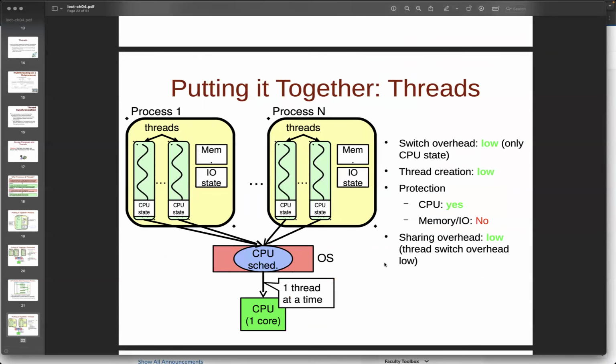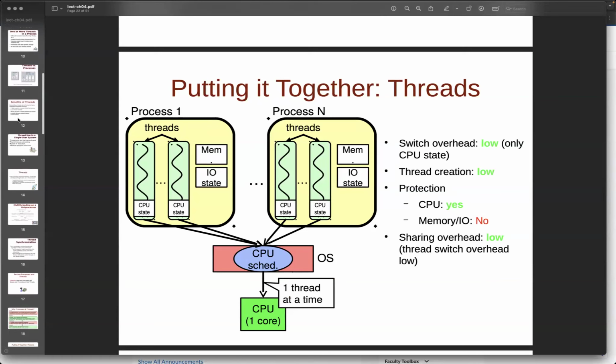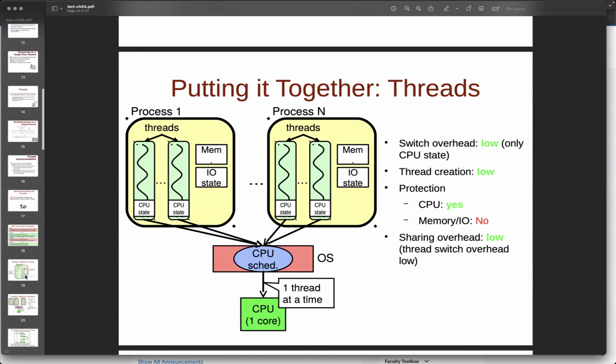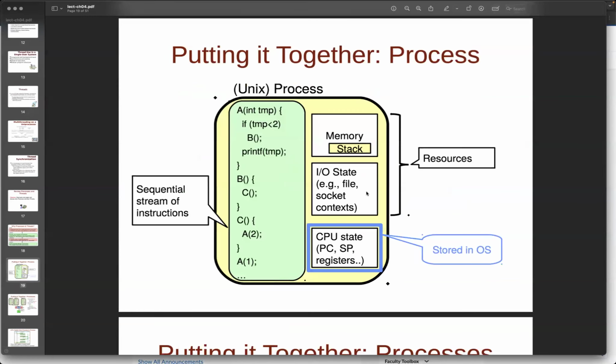Then we talked about just the process, and you will also remember the threads, right? Inside a thread, we have different pieces here, and we also put the CPU state. You can see the difference compared with our previous picture. Here is the single one, with a CPU state and a memory IO state.